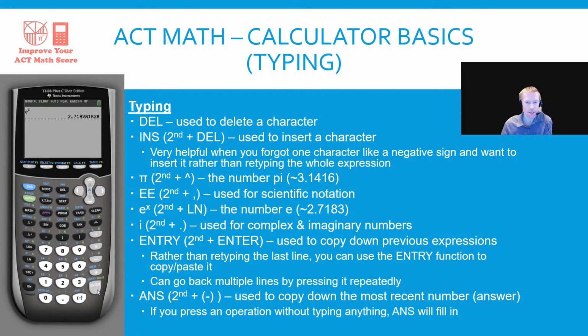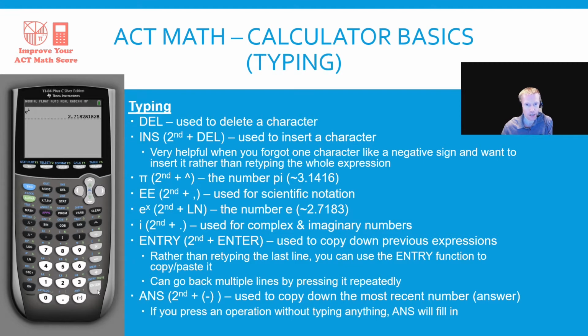So this is extremely useful because you can just copy the last line down, and then if you need to change one number or one or two characters on it, you can just go ahead and change those rather than having to retype the whole thing.